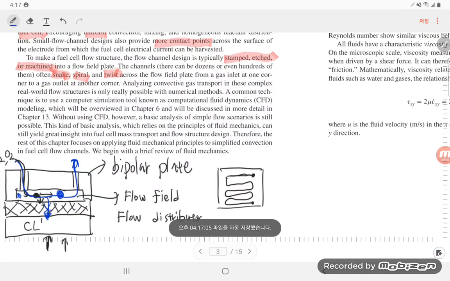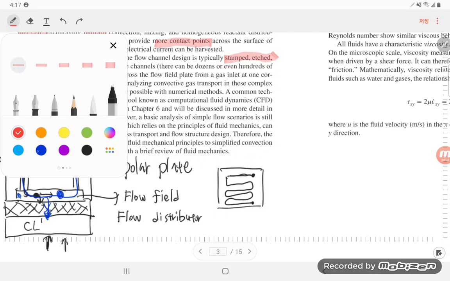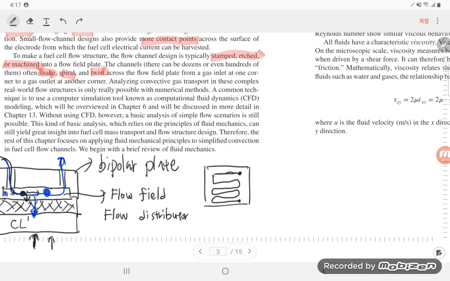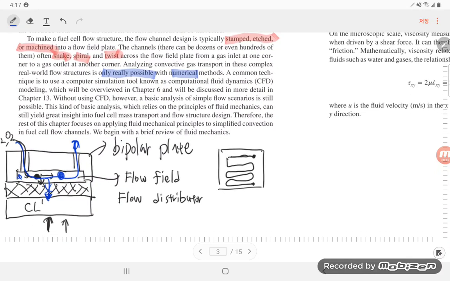Analyzing convective gas transport in these complex real-world flow structures is really only possible with a numerical method, which is computational fluid dynamics, CFD. But in this chapter, we will discuss the basic analysis of just simple flow scenarios.